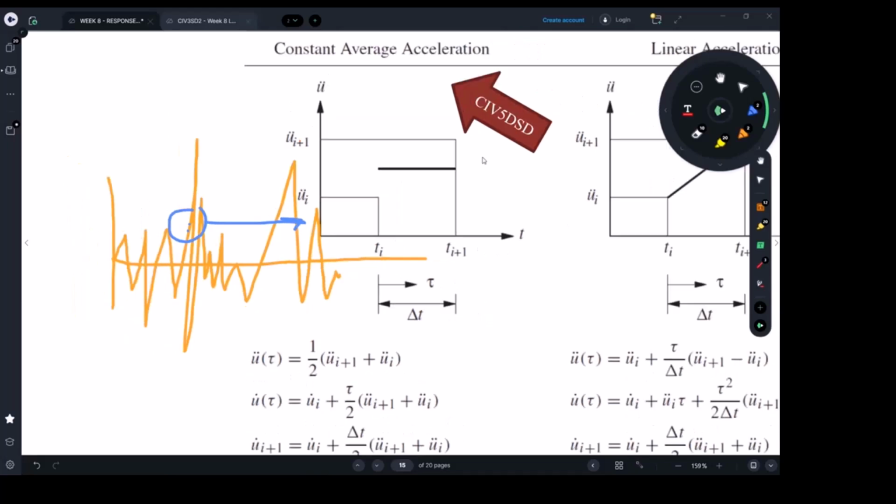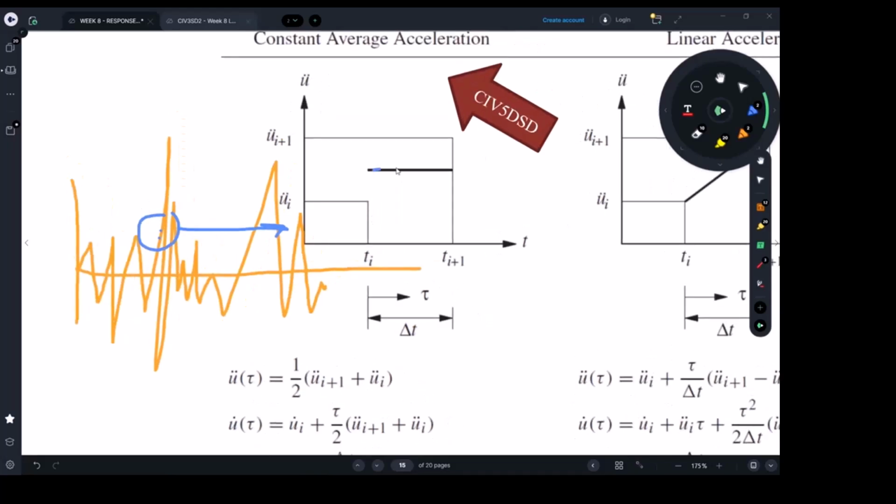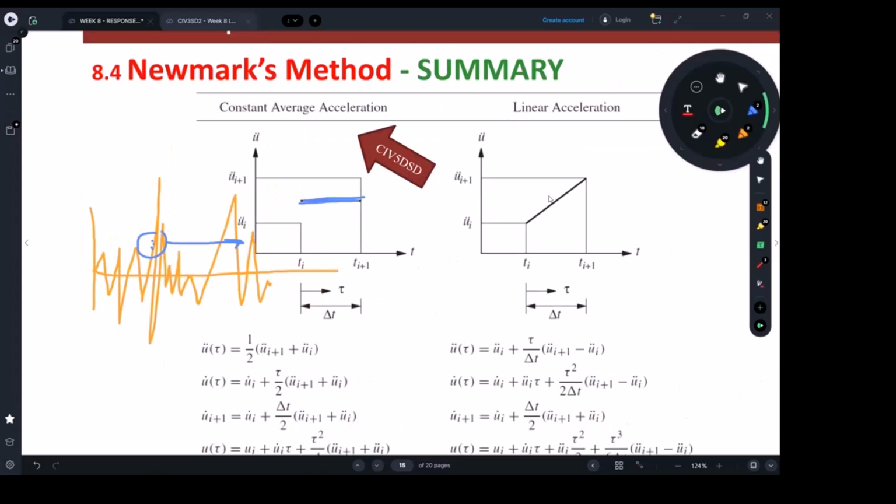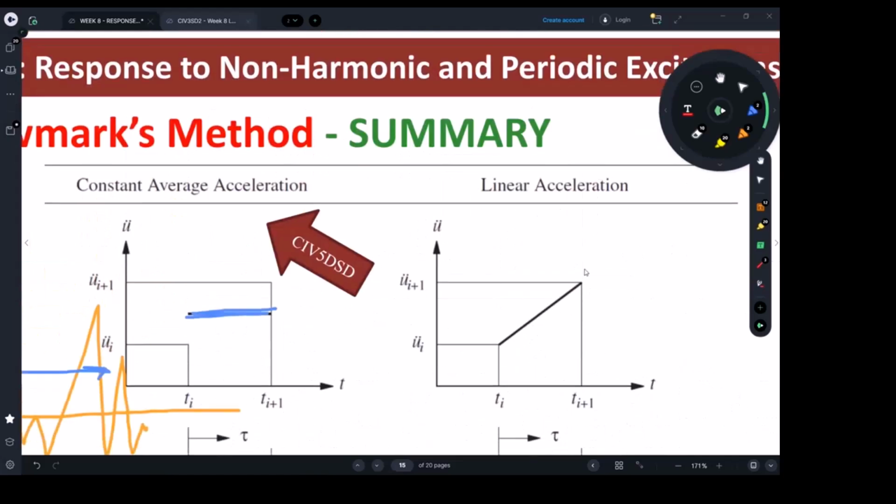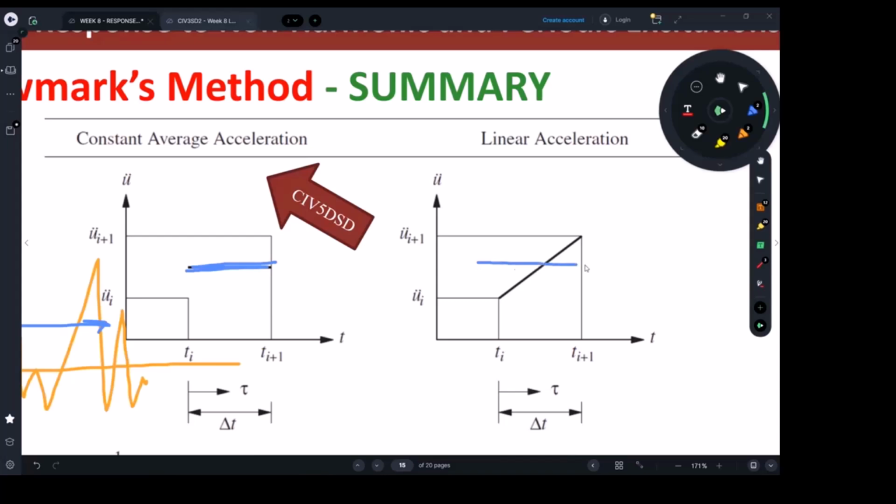One of the methods by Newmark is to take a constant value. They go midway between these 2 points and adopt this as the averaged value between the 2 points. Alternatively, the linear average is, instead of taking a constant line like this, they take a linear line from one point to another.